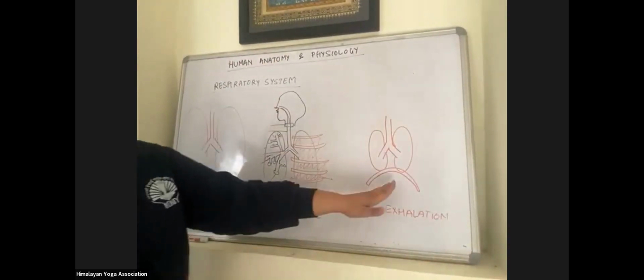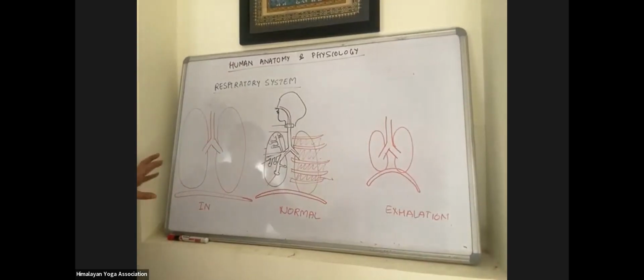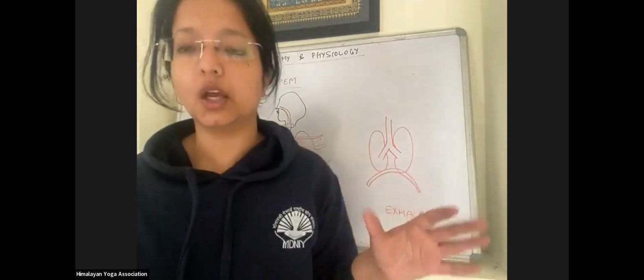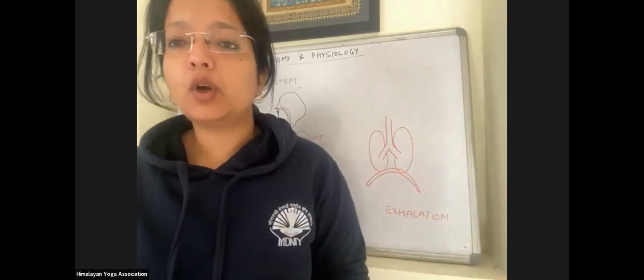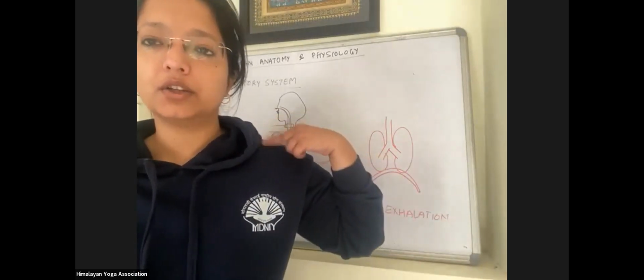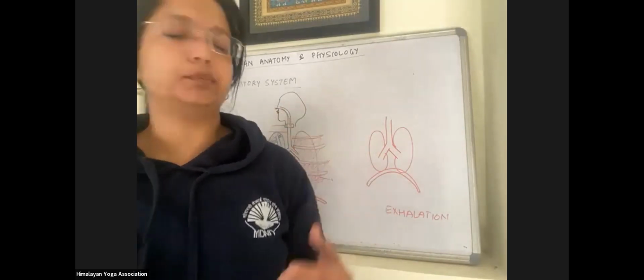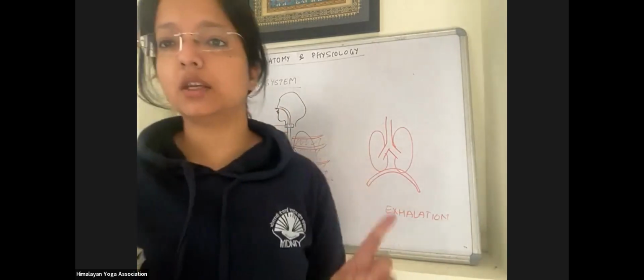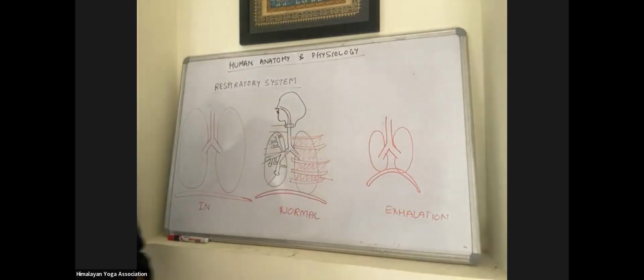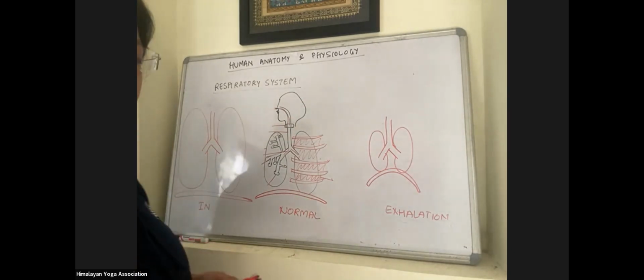Okay, this is exhalation, this is inhalation, in which the size of the lungs has been expanded in all the directions. When we inhale, the chest expands, the abdomen expands, and this clavicular region also goes a little bit upwards. So this is inhalation, this is normal, and this is exhalation. If there is any query, please ask. And you can take screenshot. Okay, we can move forward.